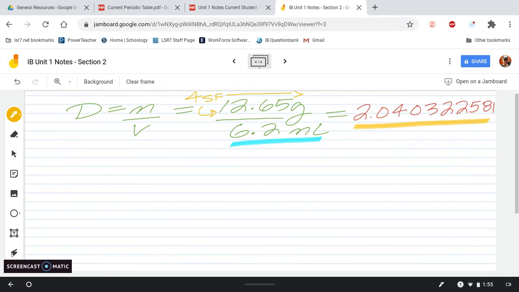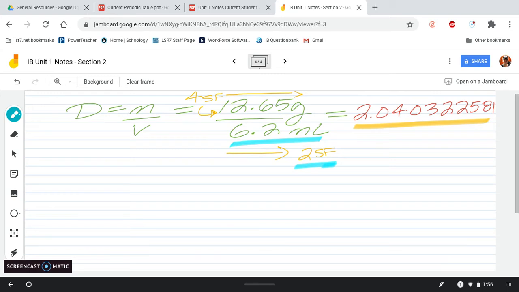The bottom number also has a decimal, so I'm going to count from the left, but it only has 2 significant figures. What that is telling me is that when I report an answer, I only get to report 2 significant figures. So we look at our long number, and you're going to want to keep the digits that are farthest to the left, so you get to keep 2 of them.